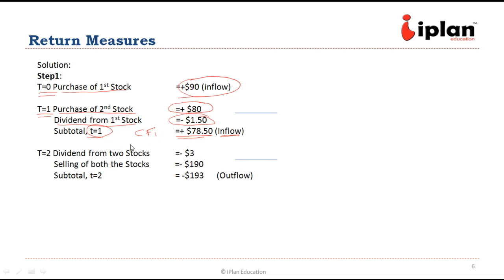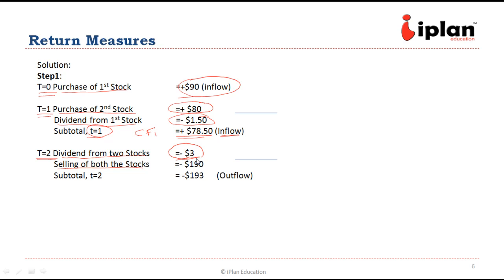Now let us look at the second time period, t equal to 2, at the end of the second year. We have received the dividend from both the stocks of $1.5 each, so it will be $3. The sign is negative since it is an outflow. And we have sold both of the stocks.